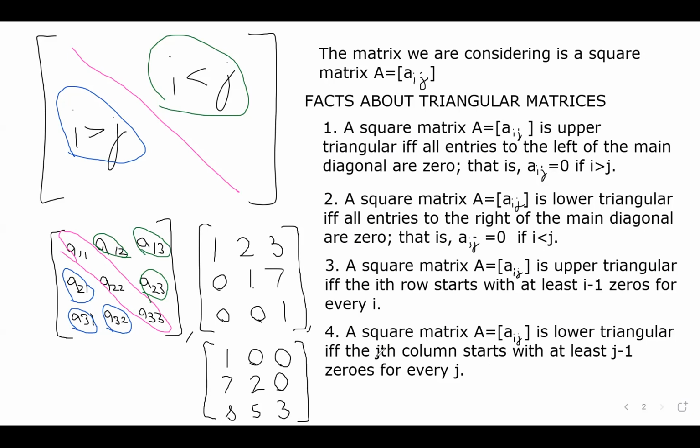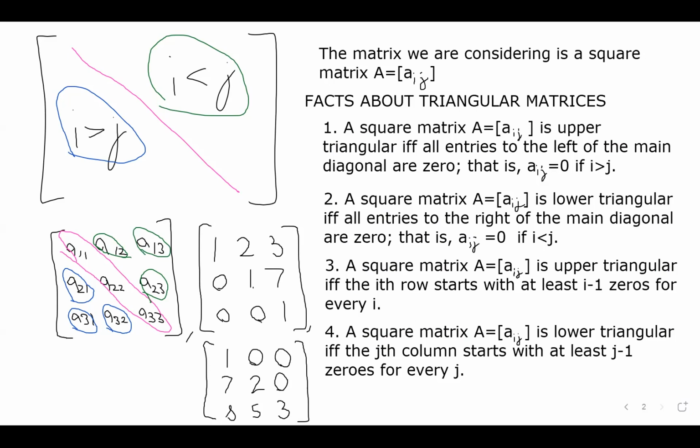You could identify a matrix as being lower triangular if you find that the jth column starts with at least j minus 1 zeros for every j, even without seeing that all the entries above the main diagonal are 0. Okay, so that's the idea for fact 4. So those are 4 facts about triangular matrices.